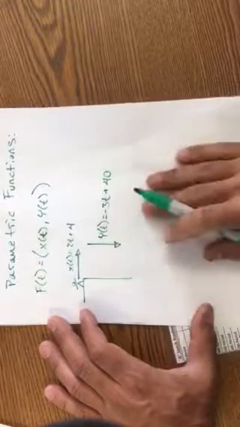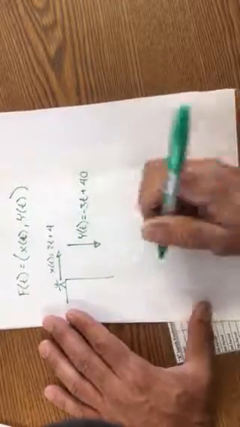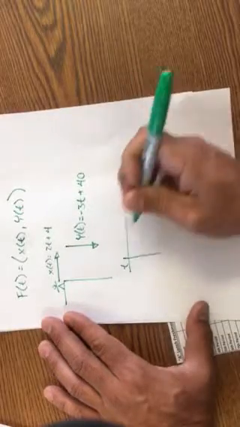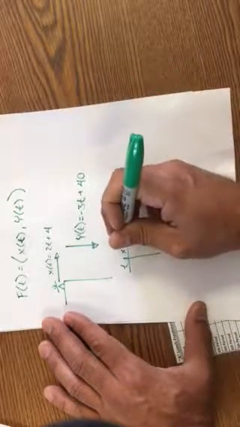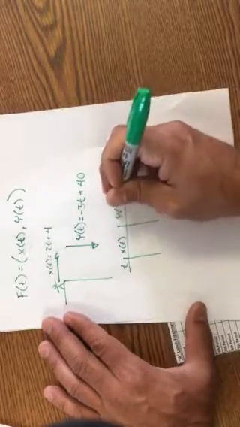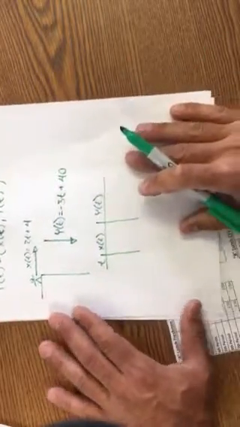So we have these two functions. When we're doing this, we're going to make a table for a parametric function that's going to be time, and then the x value based off of time, and the y value based off of time. So we're going to do these.